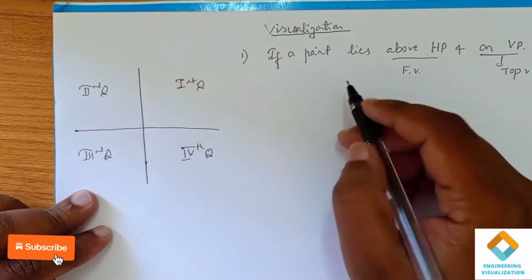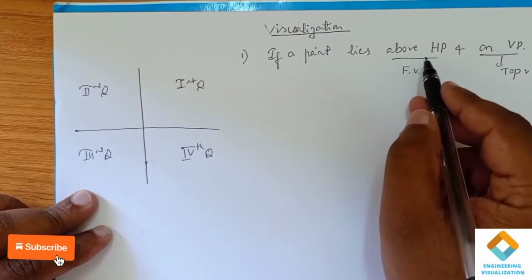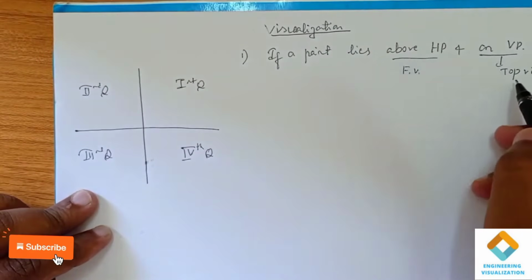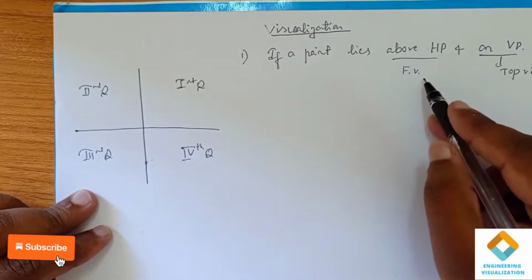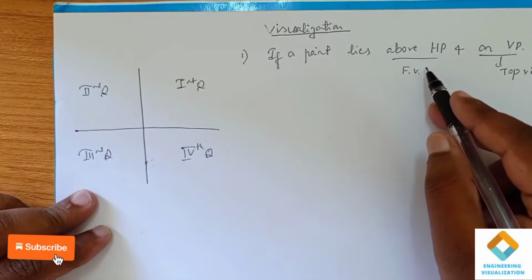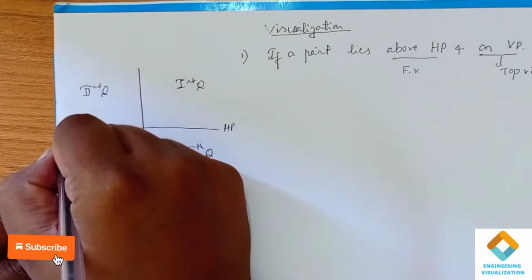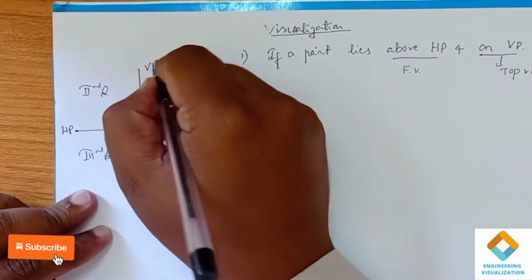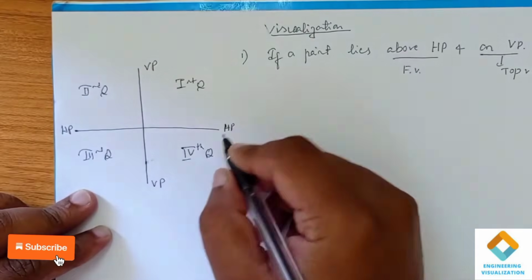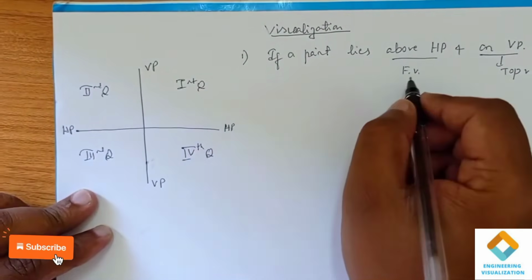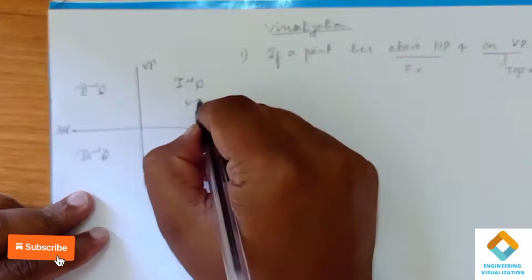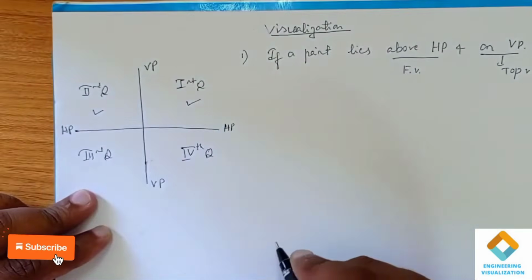If a point lies above HP and on VP, we already got the top view. Now we have to look for the front view. Above HP means, this is our HP plane, and this is our vertical plane. So above HP means the front view can lie in either the first quadrant or the second quadrant.